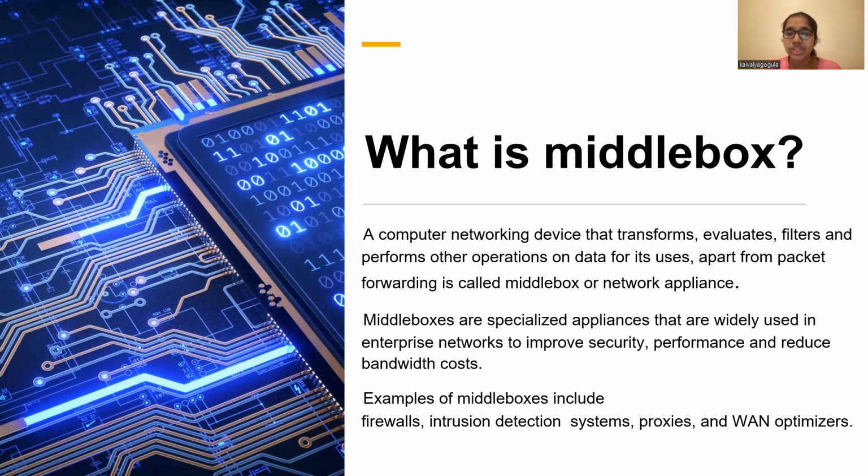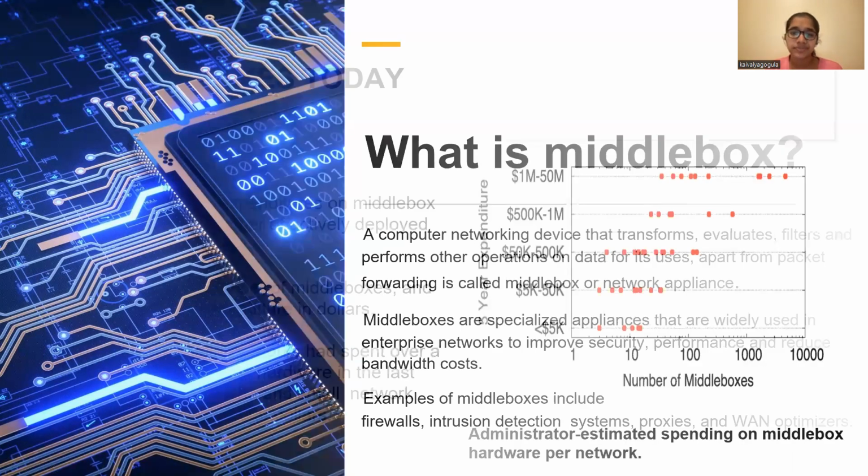It is also known as a network appliance. Middle boxes are specialized appliances widely used in enterprise networks to improve security, performance, and reduce bandwidth usage. Examples of middle boxes include firewalls, intrusion detection systems, proxies, and WAN optimizers.